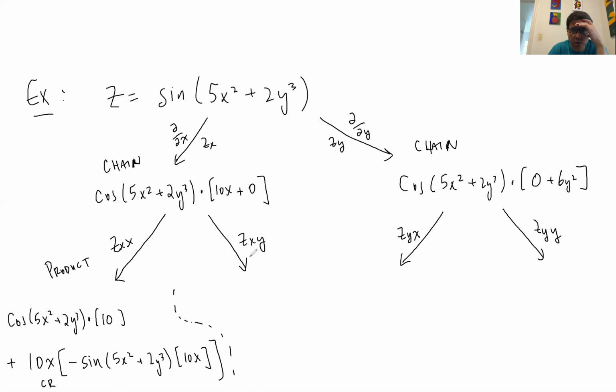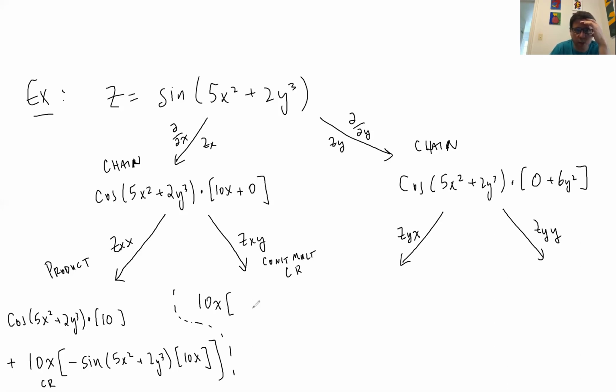This one, you could do zxy, so that means x, and now we do the derivative with respect to y. Now it looks like it might be a product rule, but again, the 10x is a constant multiple. So I just have to worry about the constant multiple. I'm still going to have to worry about chain rule, because I have the y squared inside of the cosine. But if I did this, I will get 10x as my constant multiple.